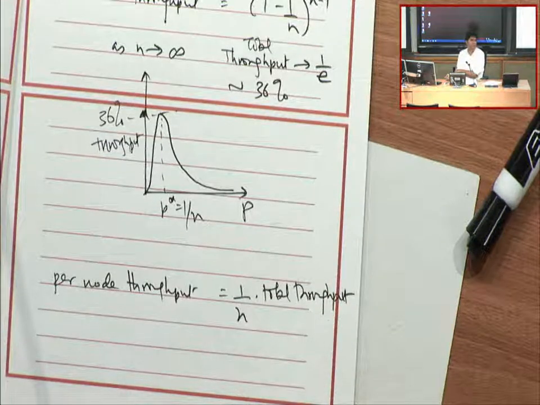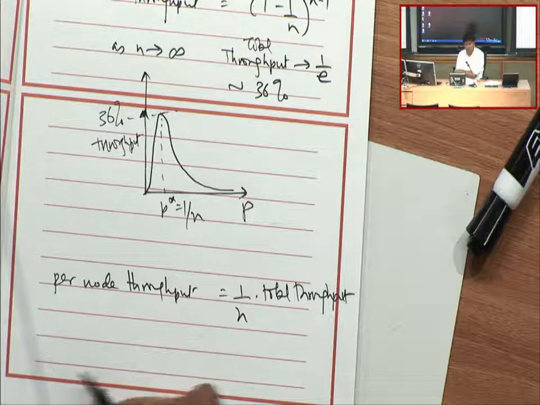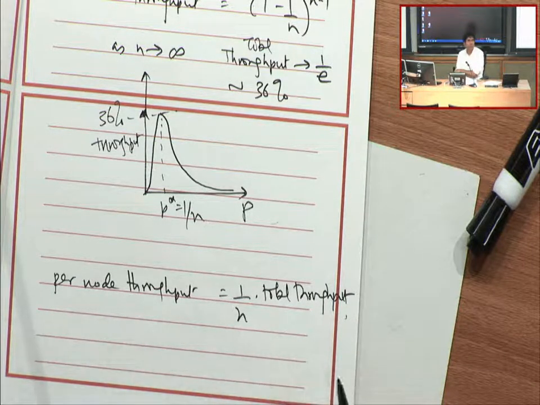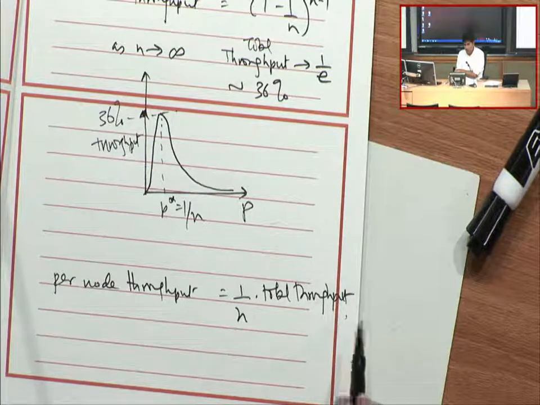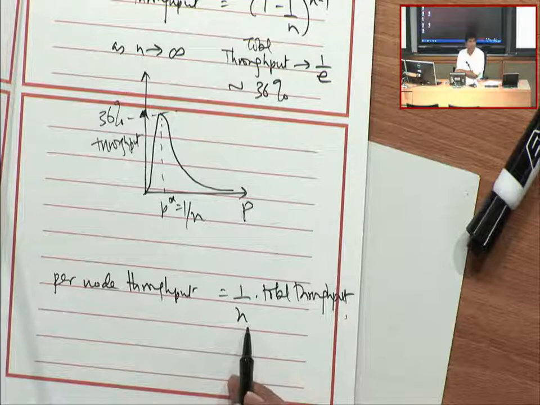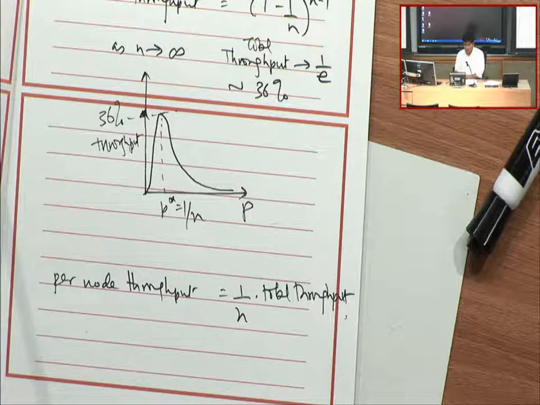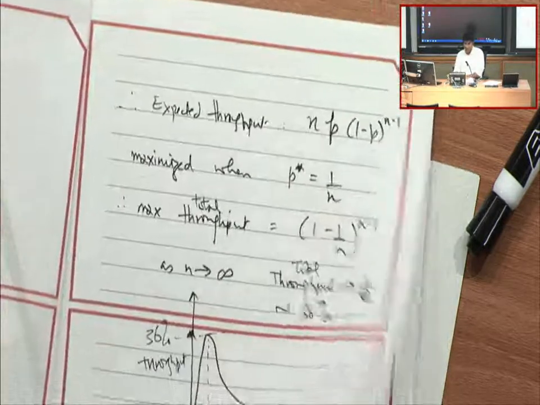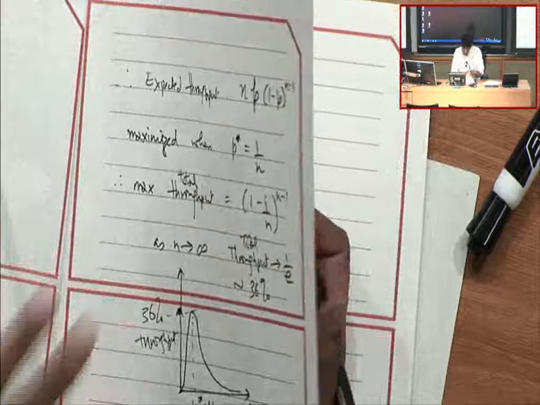Everybody gets the same throughput as everybody else. So all n users put together, their per node throughput adds up to the total throughput. So each of them gets 1/n of the total throughput. So even though the total throughput remains constant, of course, the per node throughput will go to 0 as you increase the number of users. There's no way for everybody to get a constant fraction of the system. Okay, so that's the basic slotted aloha.